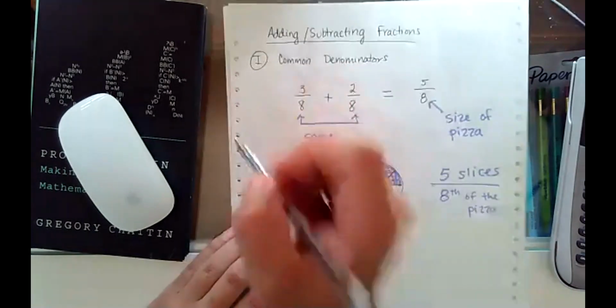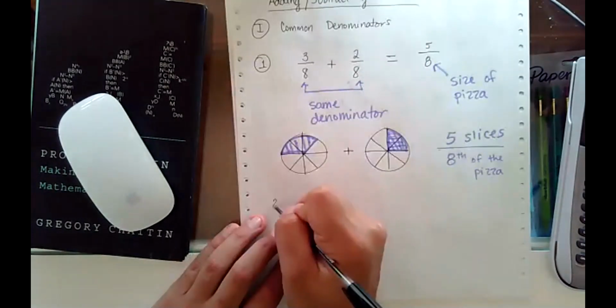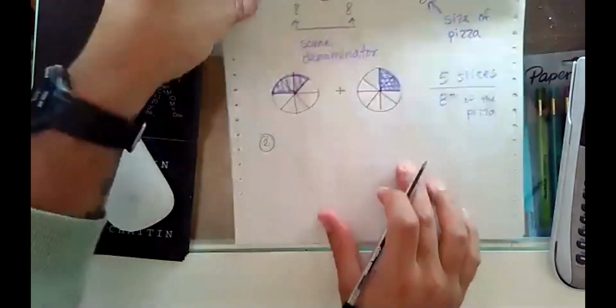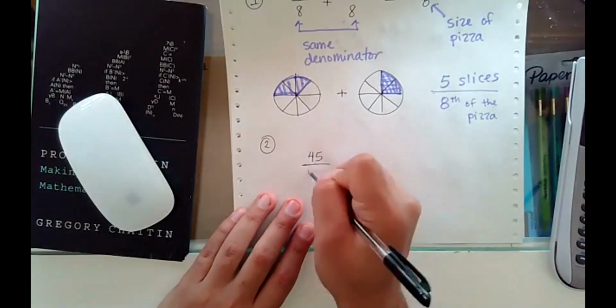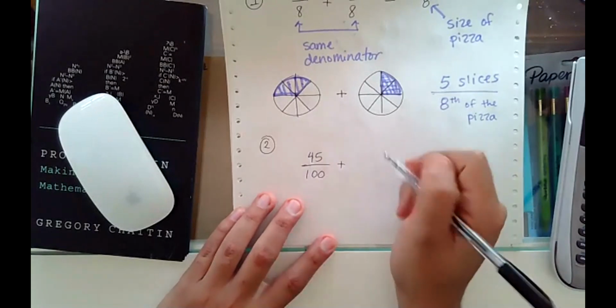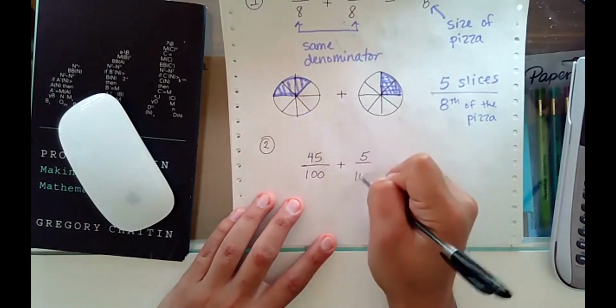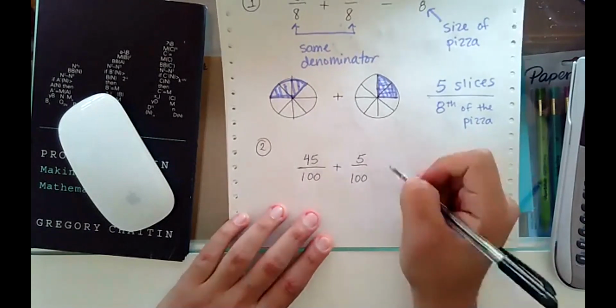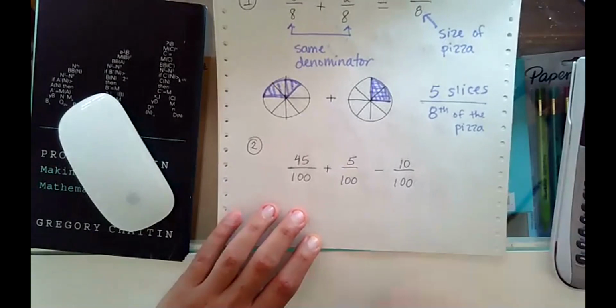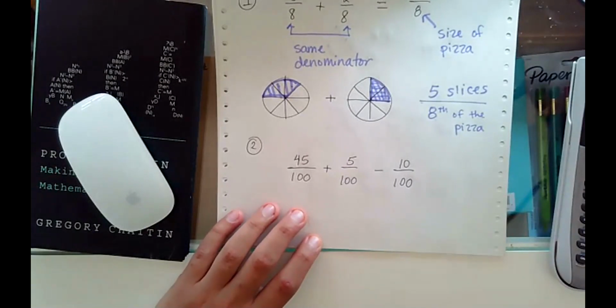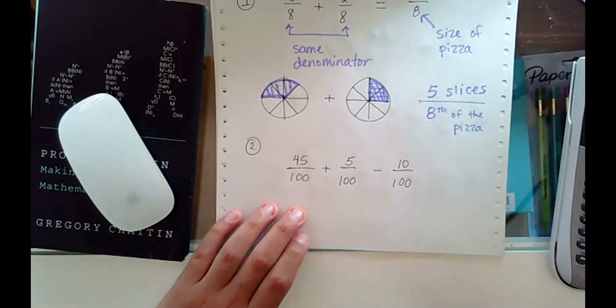So let's say if this is example 1, if I threw 45 over 100 plus 5 over 100 minus 10 over 100, just to complicate it a little bit, we have 3 numbers in the mix, but we're just going to do the same thing.